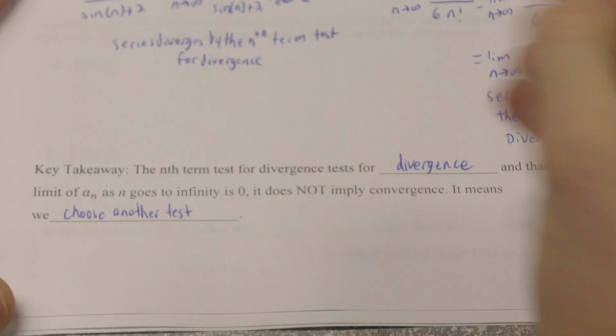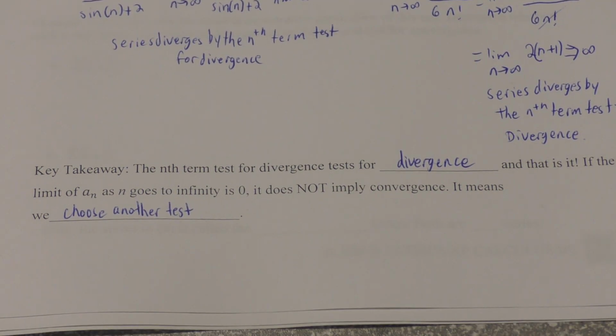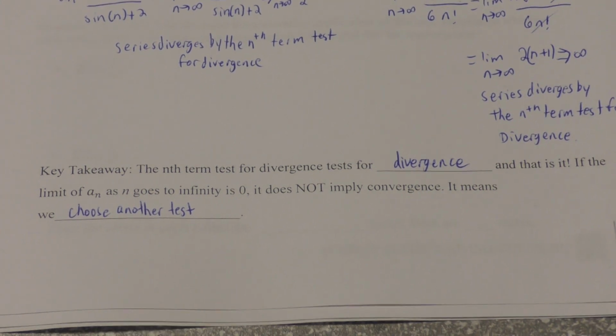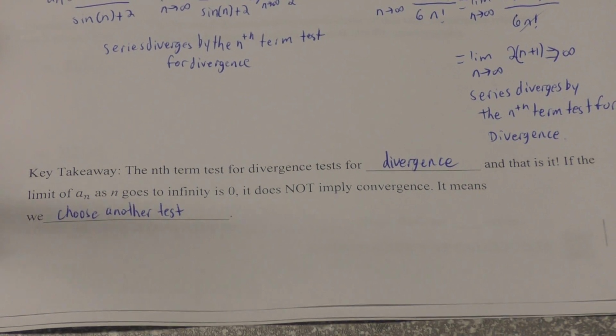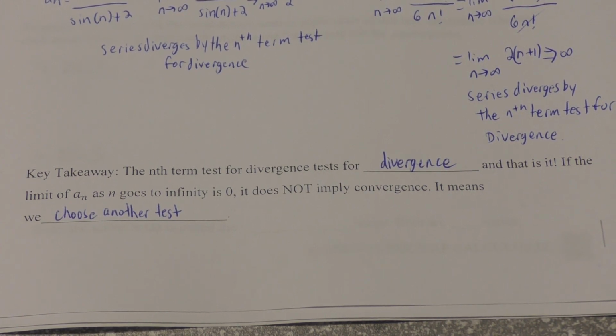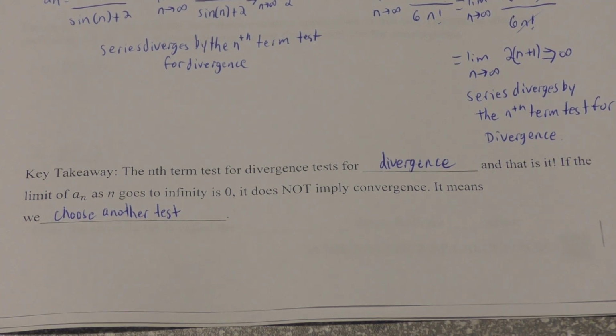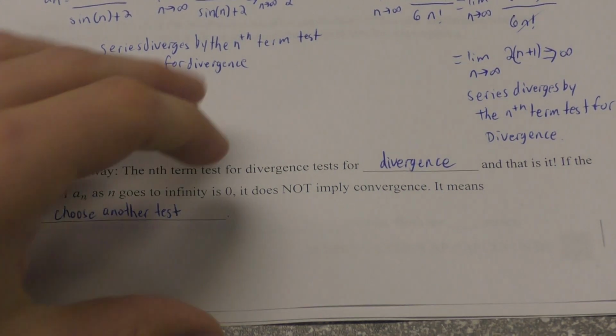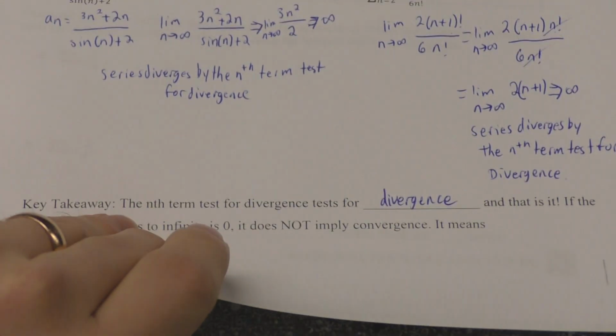Think about this one as your first line of defense in determining whether or not series converge. You try it. If it fails divergence, then great. If it gives you 0, you got to say, okay, we're inconclusive. We got to try something else because the limit of the nth term as n approaches infinity was 0.